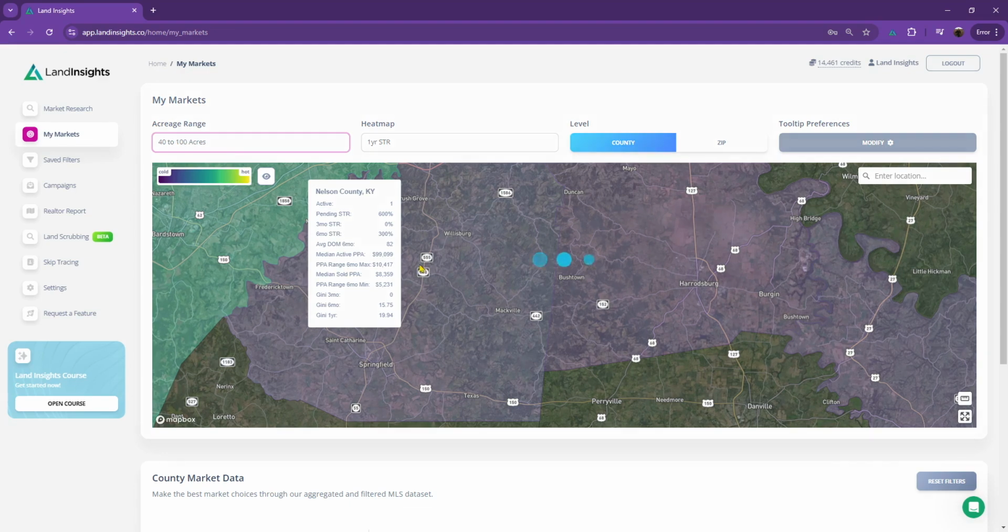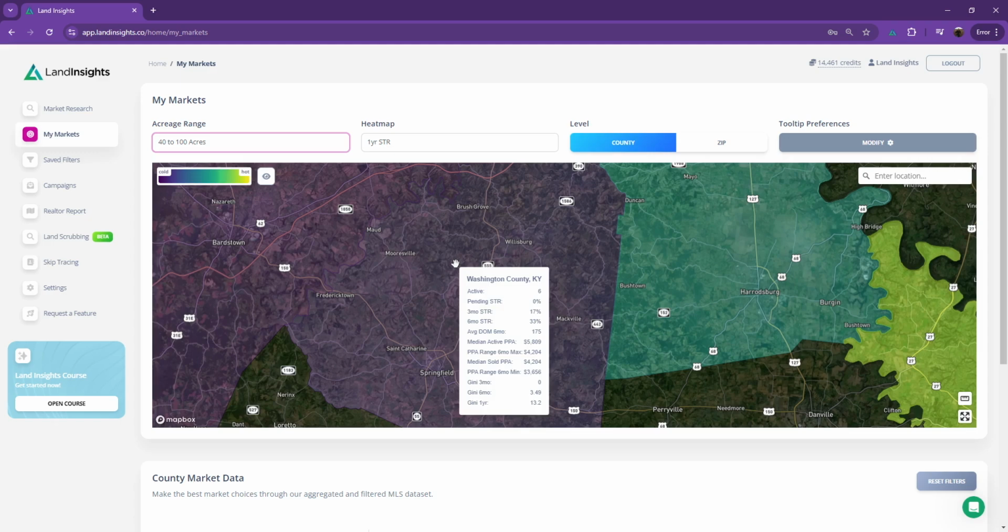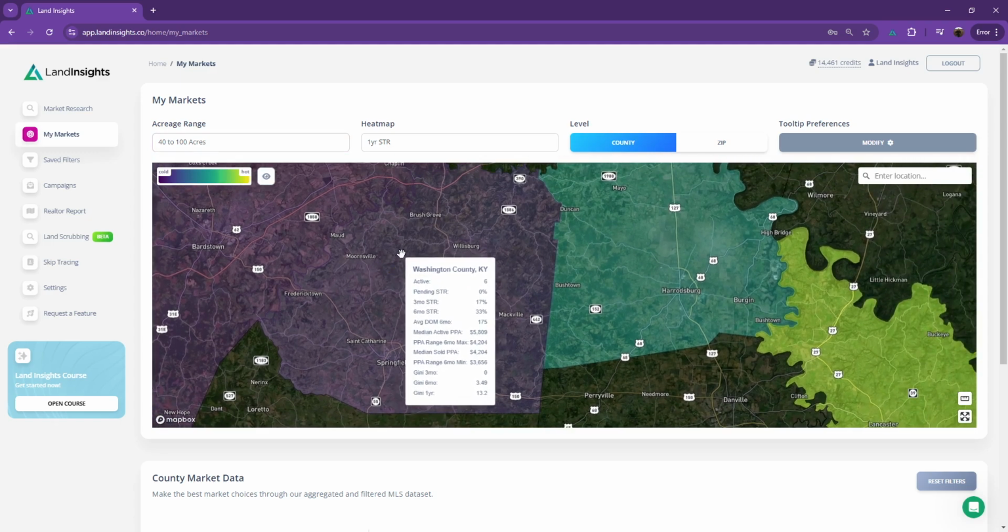Now, if I'm looking even larger, of course, there's just going to be less volume, and these leads are going to be a little bit harder to get in some markets where there are premium properties.